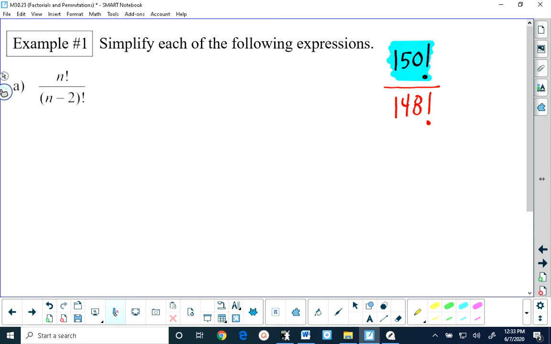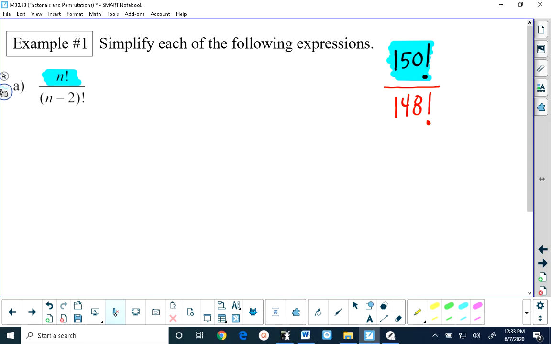When I take a look at n over n minus 2, both as factorials, n is a bigger number than n minus 2. So in our warm-up, 148 was contained as a factorial within 150. In this question, n minus 2 factorial will be contained within n factorial.